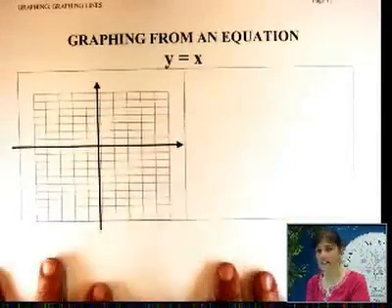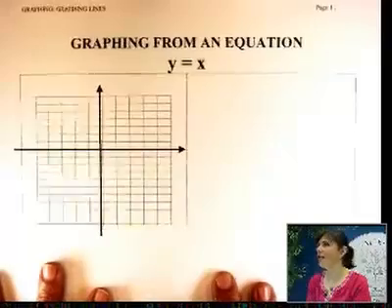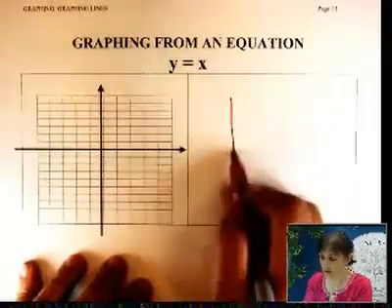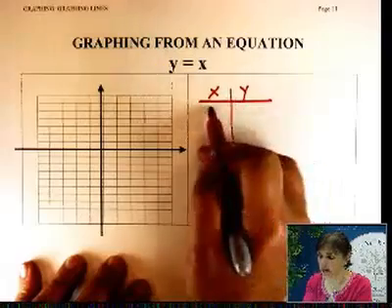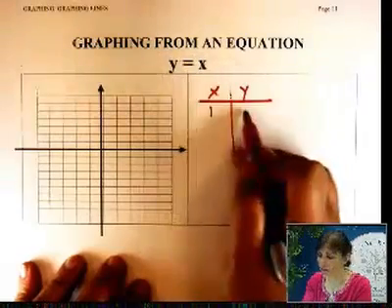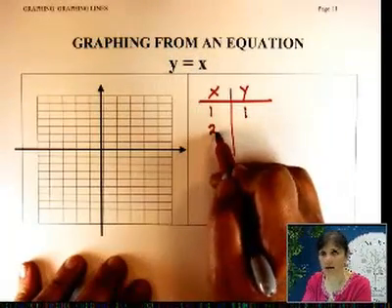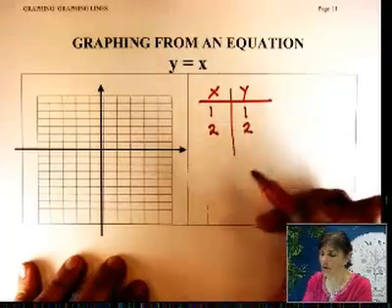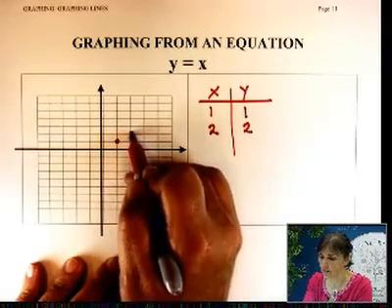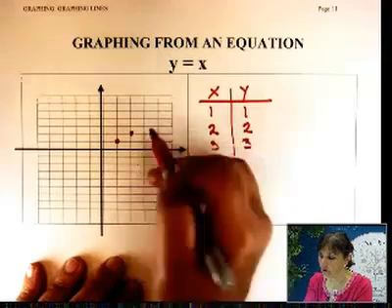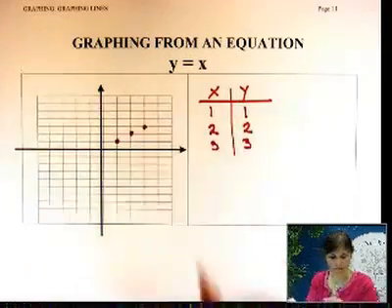Okay, y equals x, that's another special case. That kind of looks different. What does that mean? I pick an x and then plug it in and find the y. I pick another x and plug it in, I find y. Look how it is: (1, 1), (2, 2), and (3, 3) if you want the third to check.